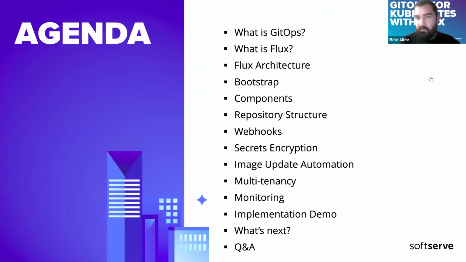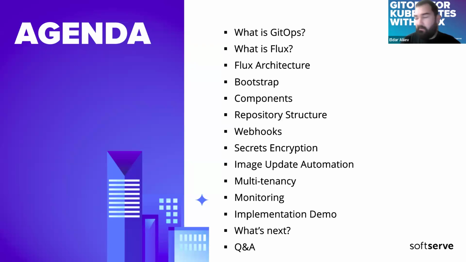Okay, let's move to the agenda. So you probably are familiar with the name of the topic. You can actually see it on my background. We will start with a reminder about the GitOps approach. What is that? Probably somebody is not aware, so we will remind those persons, and if not, then we will just meet with that approach.